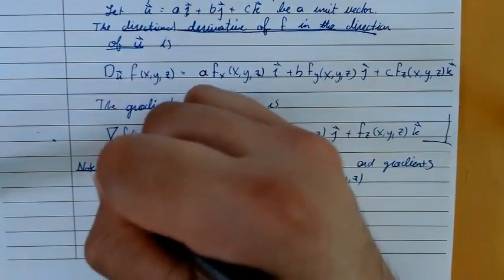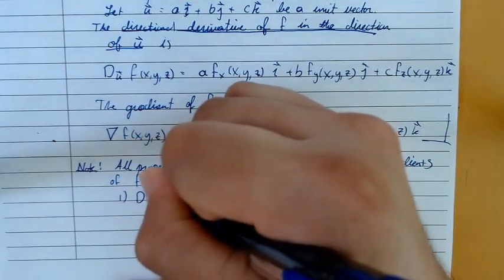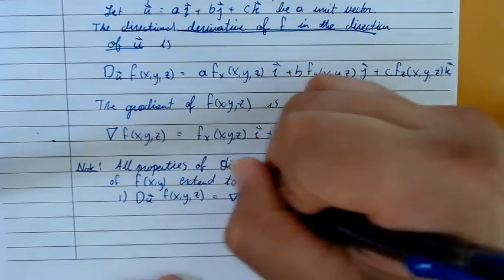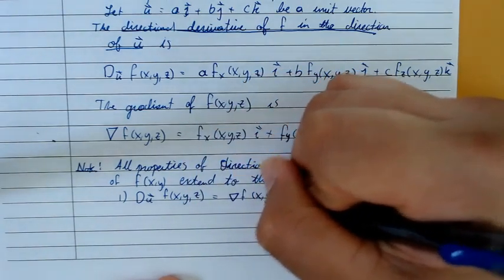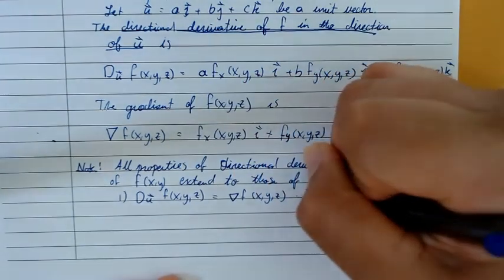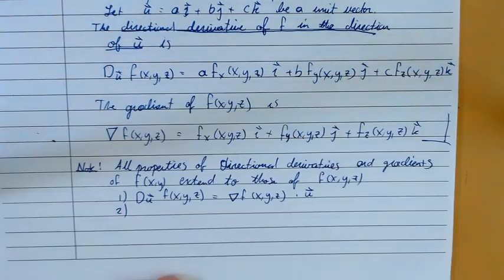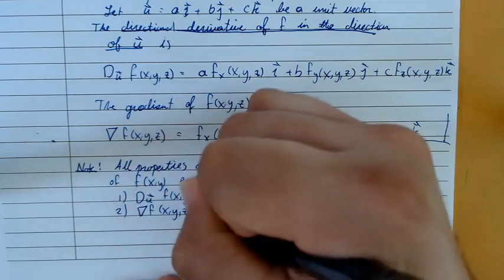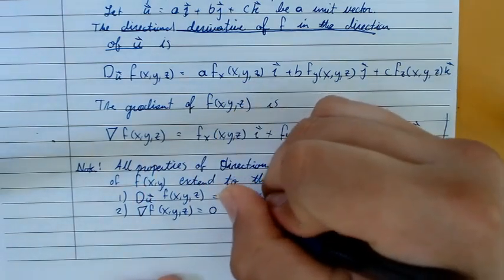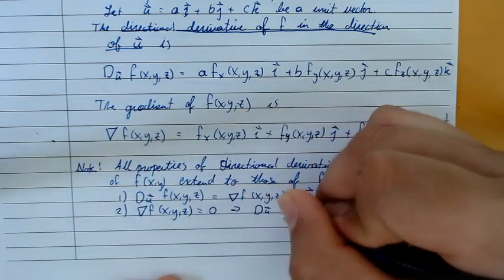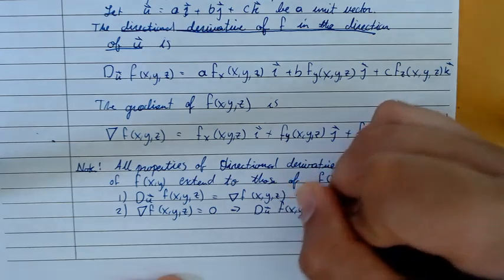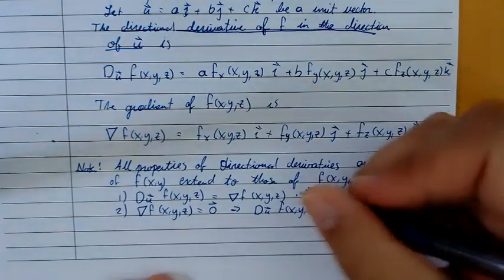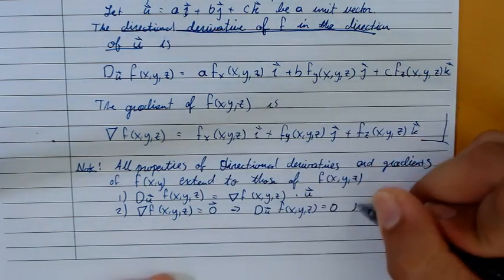In particular, the directional derivative in the direction of u of f of x comma y comma z is equal to the gradient of the function f of x comma y comma z dot u. The gradient of f at x comma y comma z equals the 0 vector implies that the directional derivative in the direction of u of f at x comma y comma z is equal to, oh sorry, that should be a 0 vector, is equal to the scalar 0 for all u.